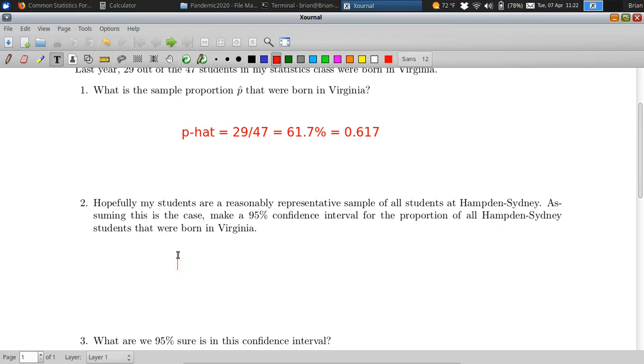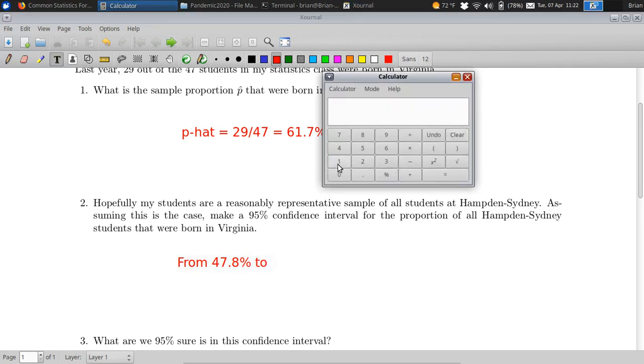And so when I write my confidence interval, I'll say I'm going from 47.8% to, and now let's calculate the upper bound. So let's clear this and do the 61.7 plus that 13.9% margin of error.